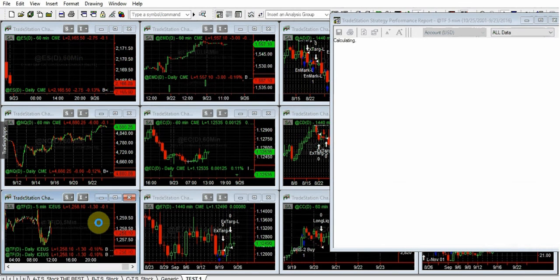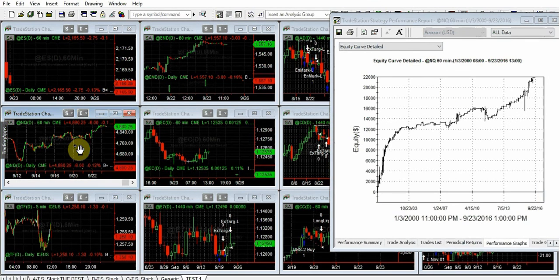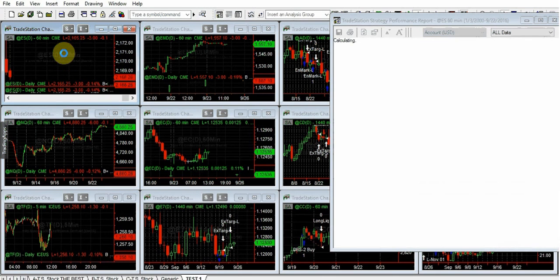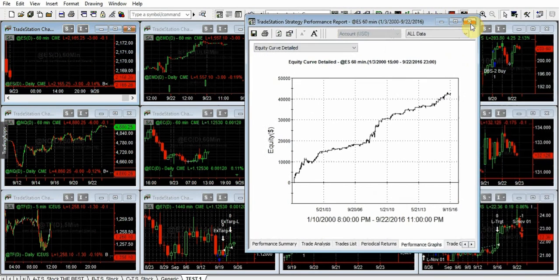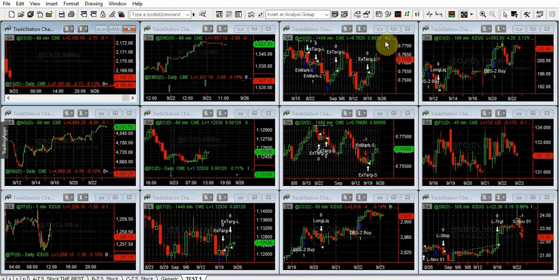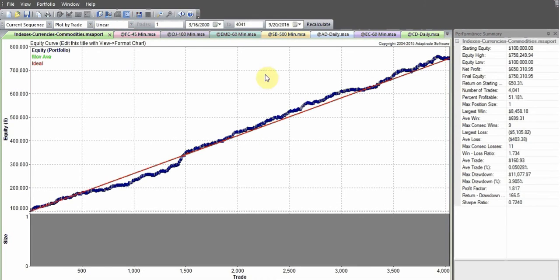Mini Russell 2000, a very short time frame, in this case 5 minutes, it takes a while to load. Then mini Nasdaq, 1 hour time frame, and of course you cannot miss the mini S&P, in this case 1 hour time frame. All these strategies, once again, have been aggregated in one portfolio.